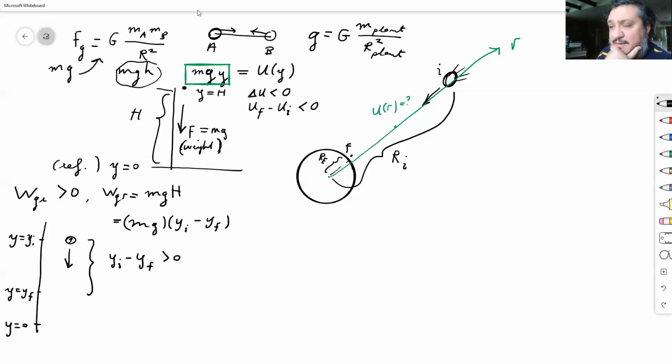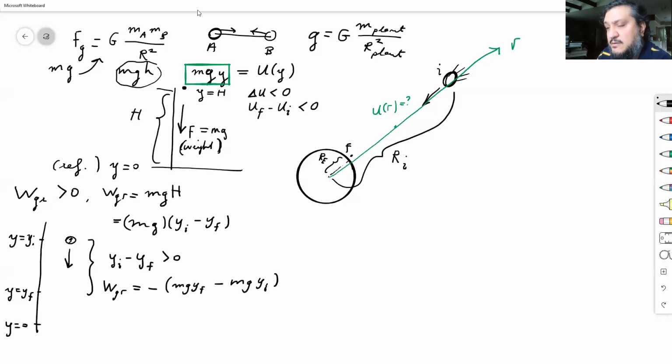So we usually like things like final minus initial in physics. That's what delta is, right? So if you rewrite this, pull out a negative and then distribute the mg, so you will have here mg y final minus mg y initial.